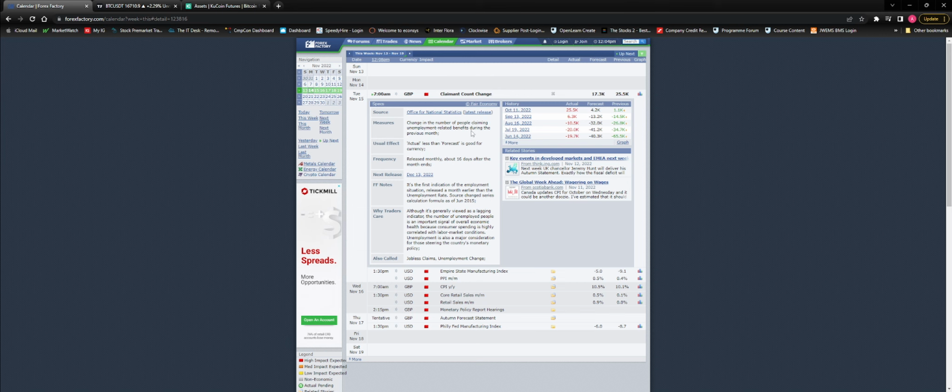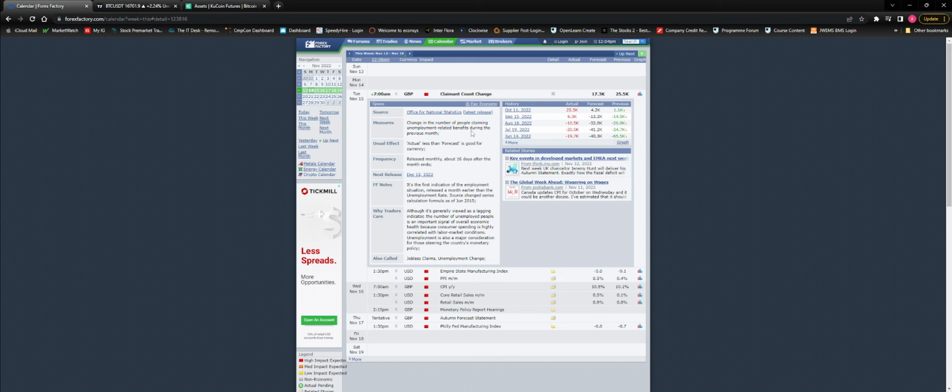Now, we know the DXY, or the currency for US dollars, which is the basket for currency, led by the US dollar. If that's good for the US dollar, well, usually Bitcoin is inversely correlated to that, meaning if the DXY is going up, the price of Bitcoin goes down, and vice versa.